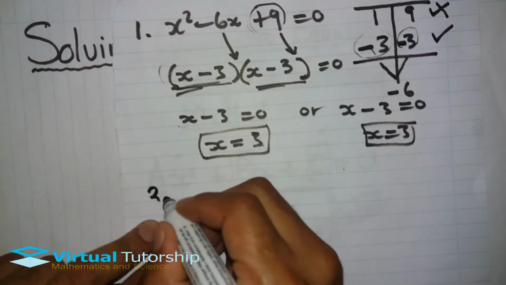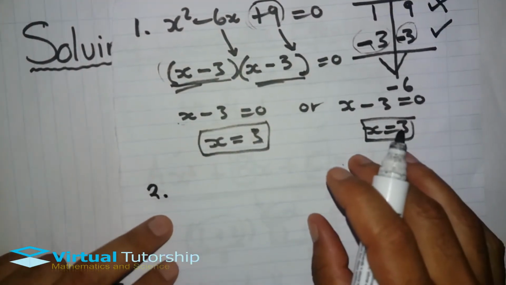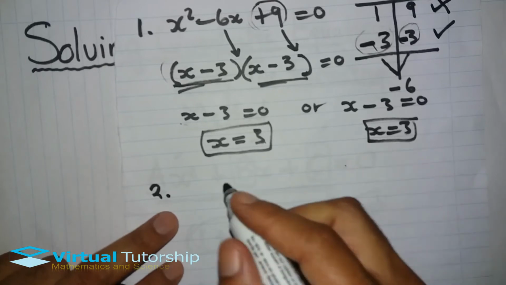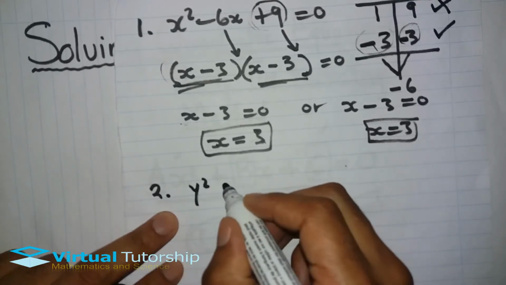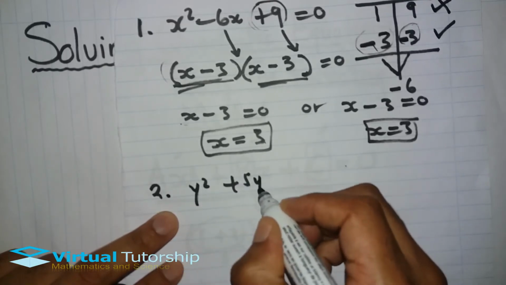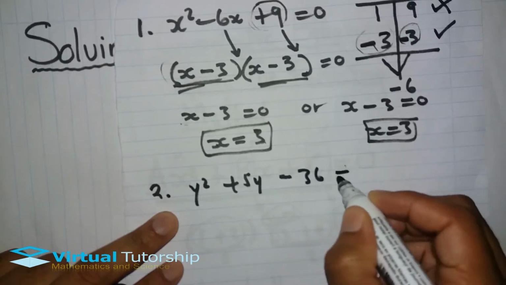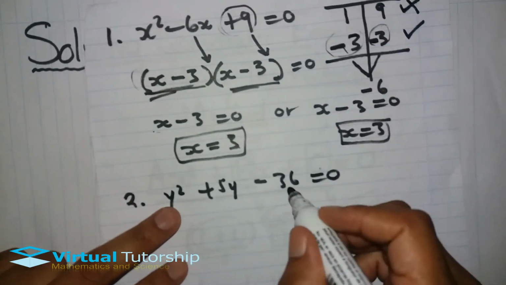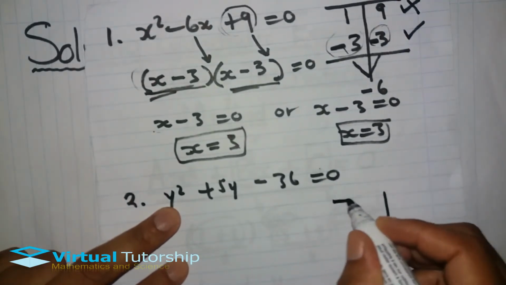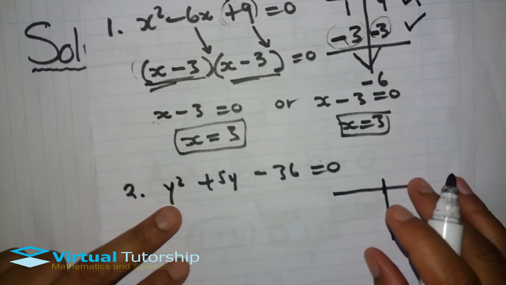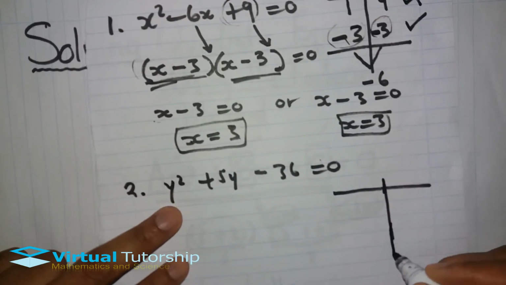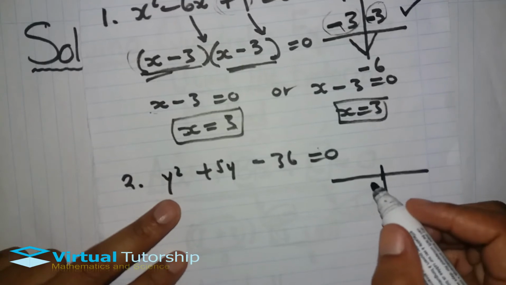Okay, start a second example. Y squared plus 5y minus 36 equal to, okay, same logic. Ngibheka izinamba eziyi-2 ezimultipliers zinikeza u-36.